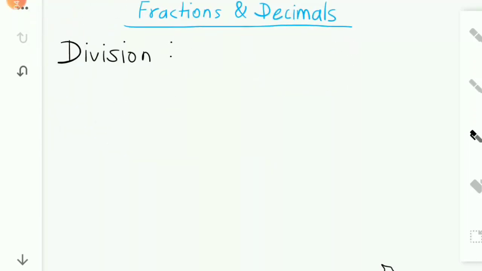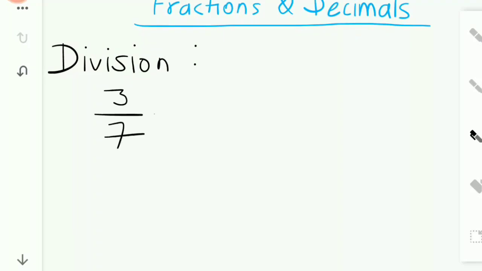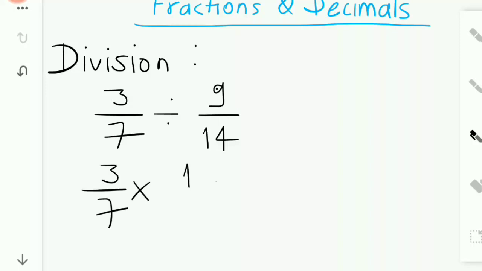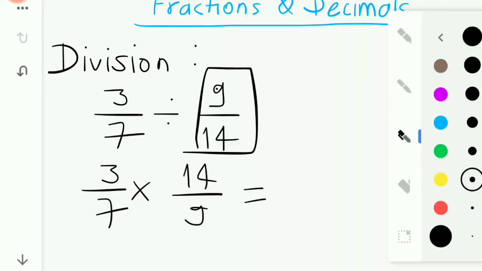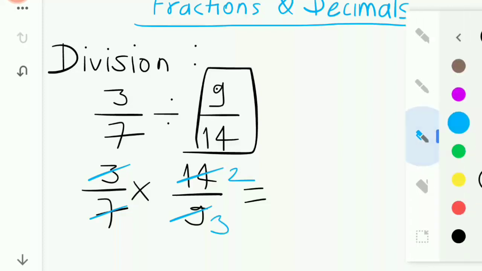Now I am going to divide a fraction by fraction. So this is 3/7 divided by 9/14. So division means inverse of multiplication. So 3/7 into 14/9, that is multiplied by reciprocal of this number, equal to 7 2s are 14, 3 3s are 9.